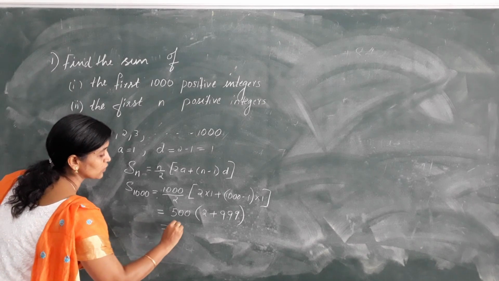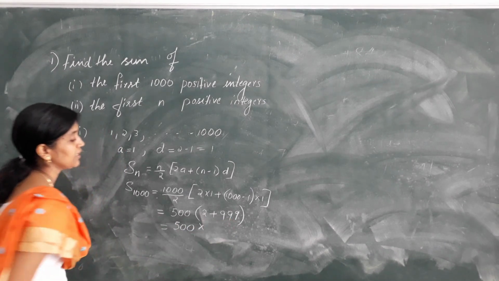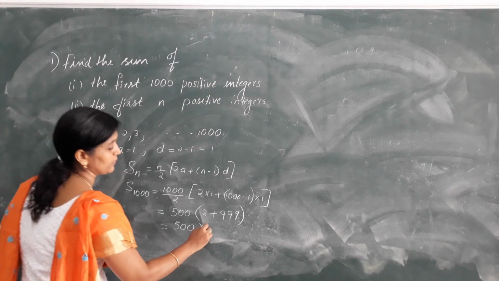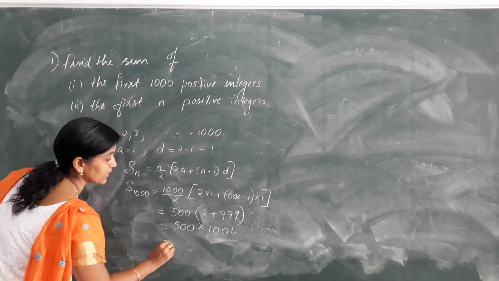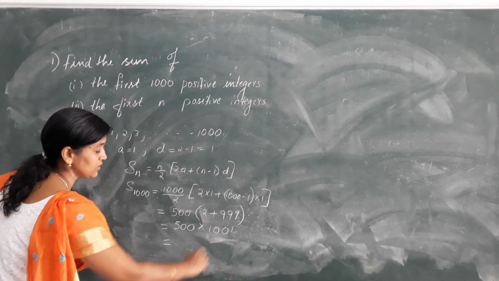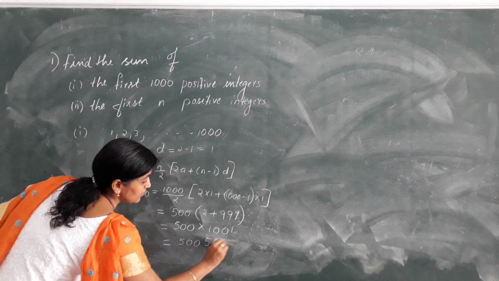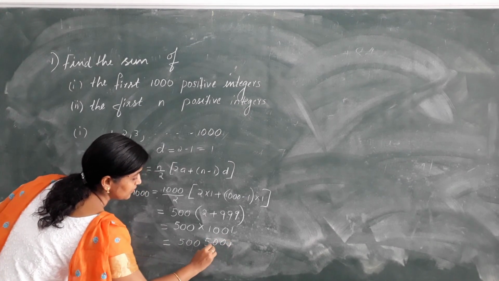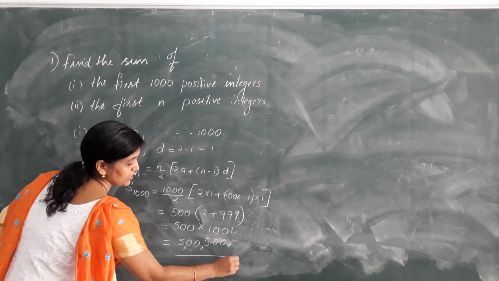Again, that is equal to 500 into 999 plus 2, which is 1001. So that is equal to 500 into 1001, and the answer is 500,500.